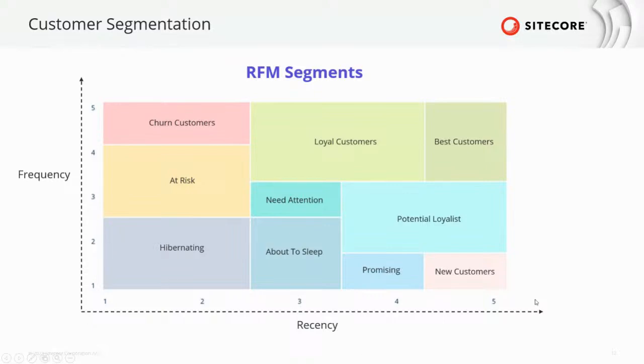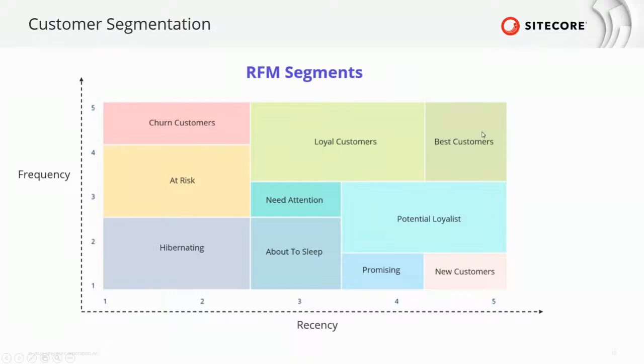So, for example, in this visualization, new customers arrive at the bottom right, with recency equal to 5 and frequency equal to 1. And if they begin to spend more frequently, they rise quickly to the potential loyalist cluster, then to the loyal customers, and eventually become best customers.